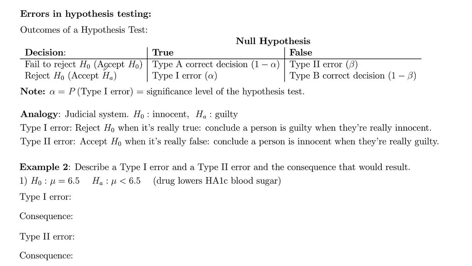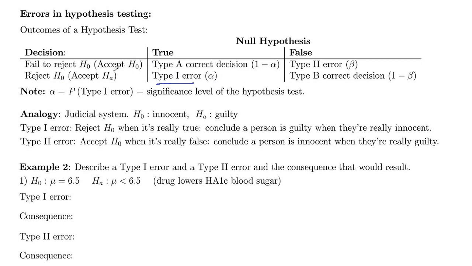If you accept the null when it's actually true, that's called a type A correct decision. Probability is 1 minus alpha. When you reject the null hypothesis when it's really true, that is a type 1 error. That has probability alpha.